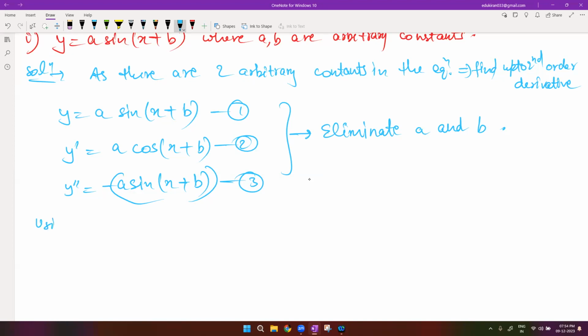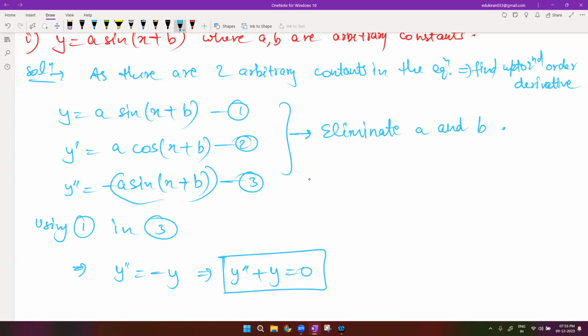So using the first in the third, I can write this portion as y double dash is equal to minus times of y. No? So this can be written as y double dash plus y is equal to 0.